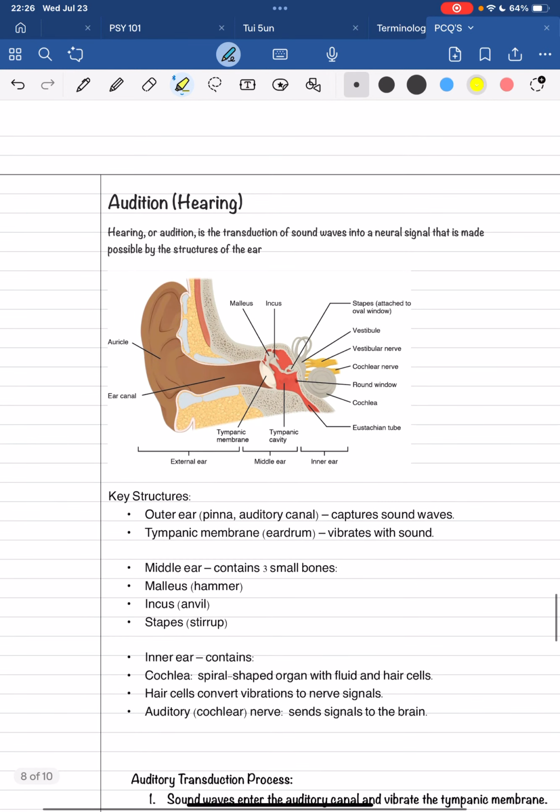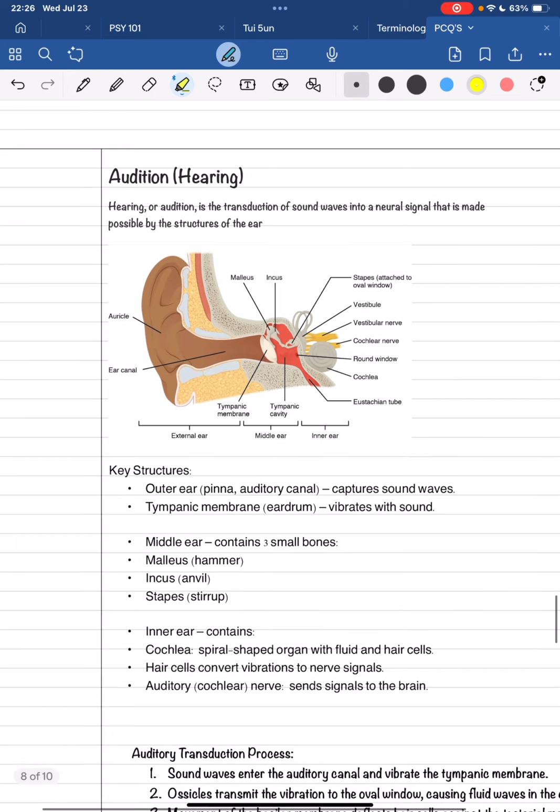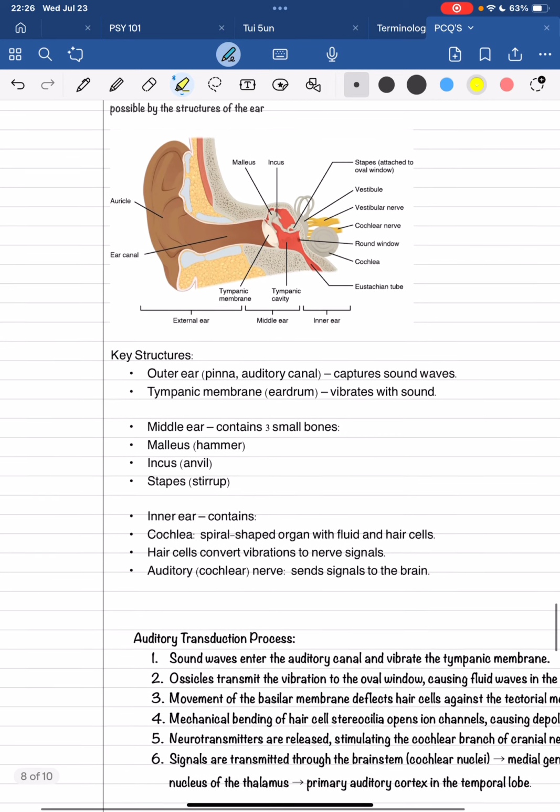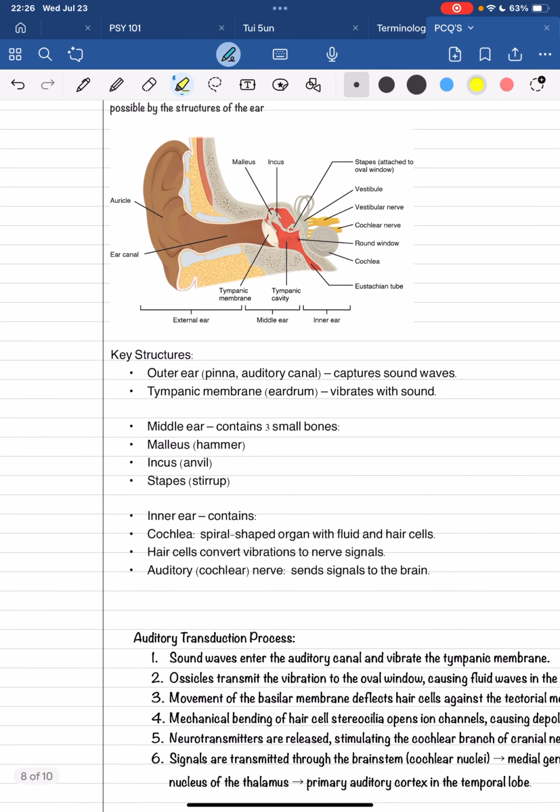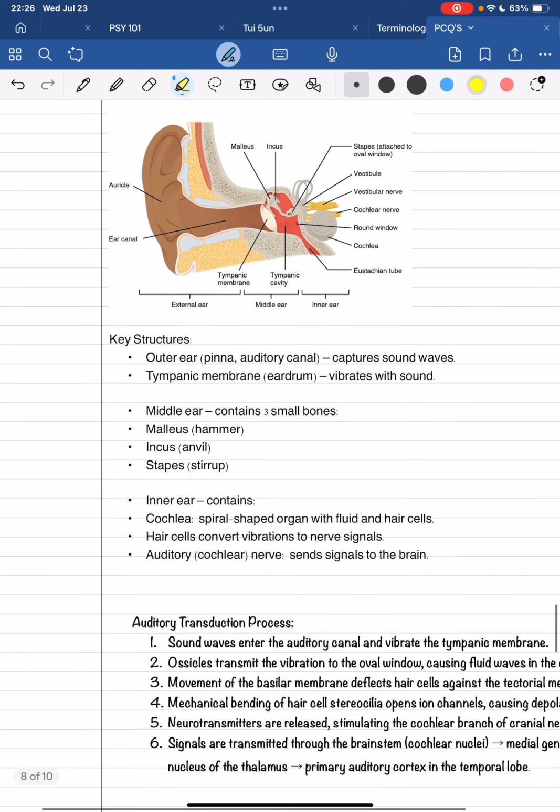And then hearing, also known as audition. Hearing is the transduction of sound waves into a neural signal that is made possible by the structures of the ear. The key structures of the ear begin with the outer ear, or the auditory canal. This captures the sound waves. The tympanic membrane, also known as the eardrum, vibrates with the sound.